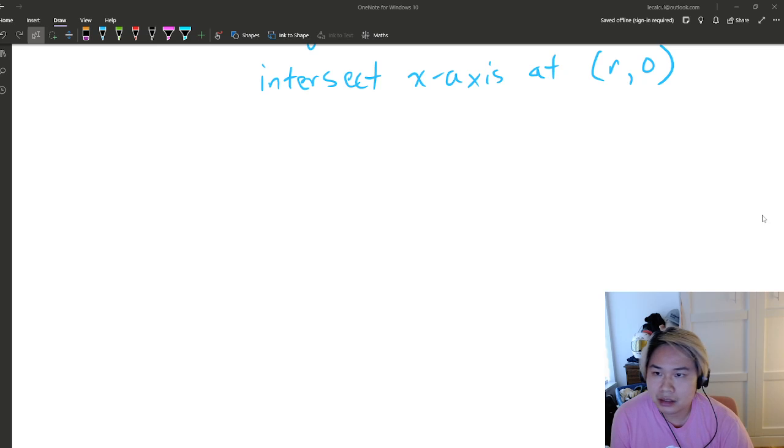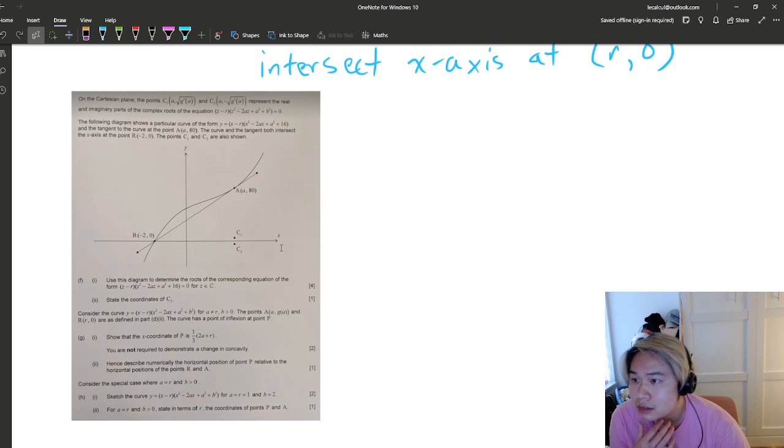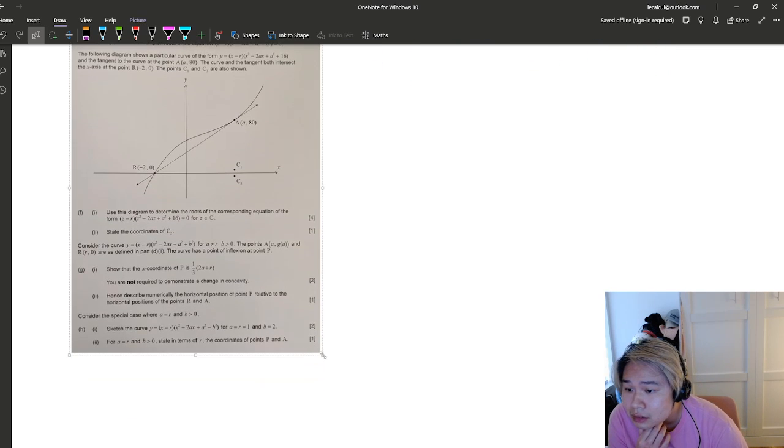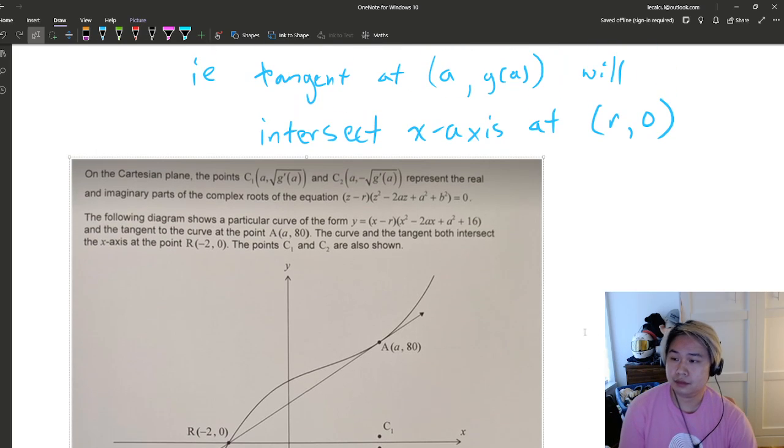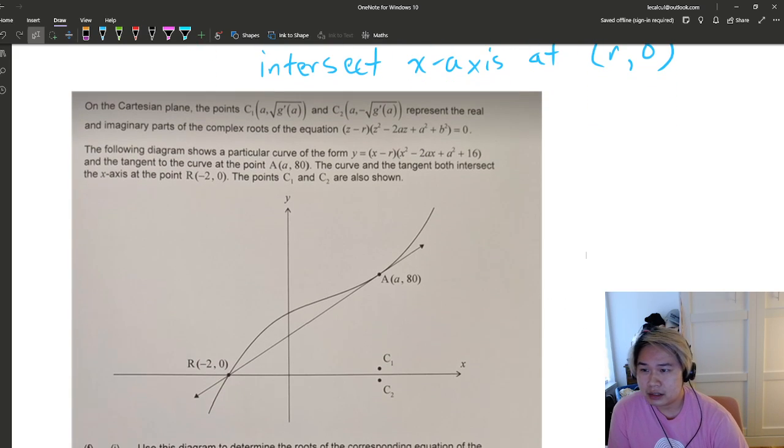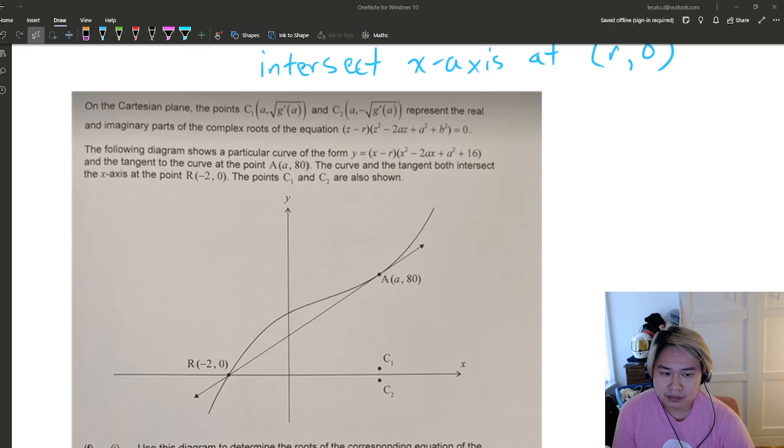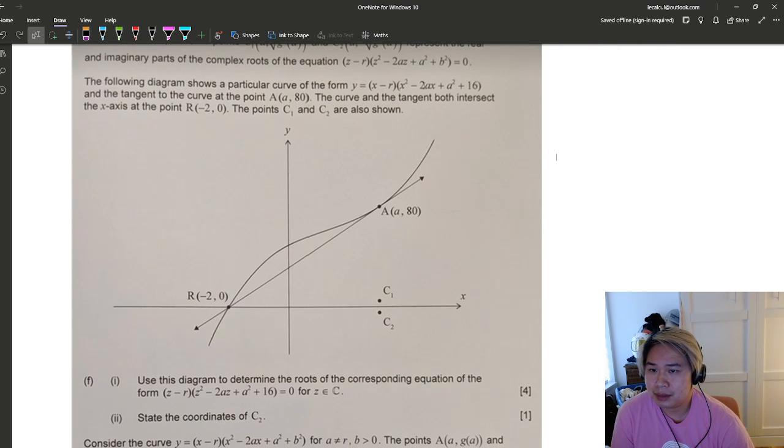Okay, and then what is happening? Okay, on a Cartesian plane, let C1, C2 represent the real and imaginary parts of the complex roots of the equation. The diagram shows a particular curve.